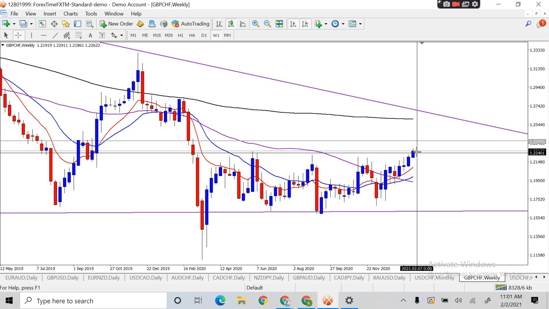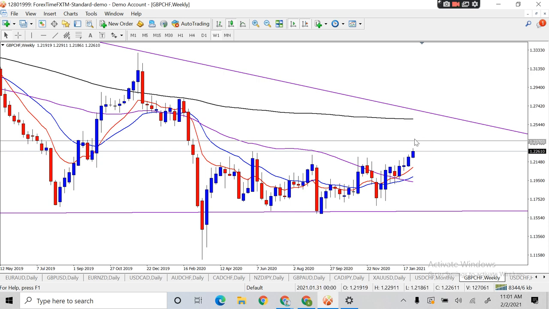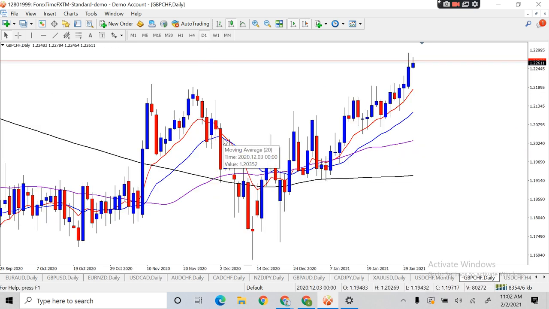Though we are looking at a resistance area just after the bullish candle on weekly, we still have about 103 pips, so you can take between 80 to 90 pips as your take profit before it gets to that resistance. I'm expecting the pair to break through that resistance, but that will mean we do a buy stop above it. But for now, there is 80 to 90 pips up for grabs.